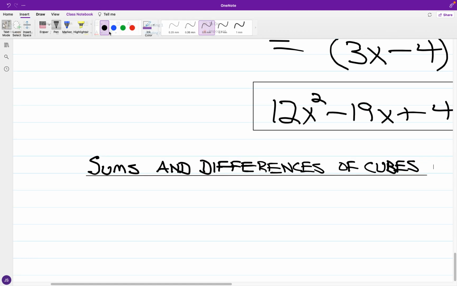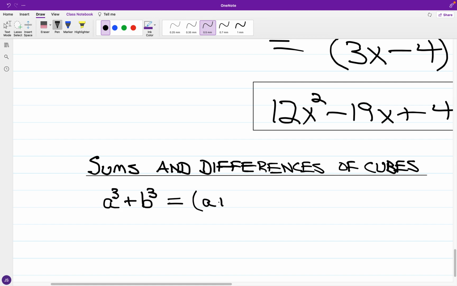For the case of the sums and differences of cubes, we have a to the third plus b to the third. Now the formula for this: we have a plus b times the quantity of a squared minus ab plus b squared.